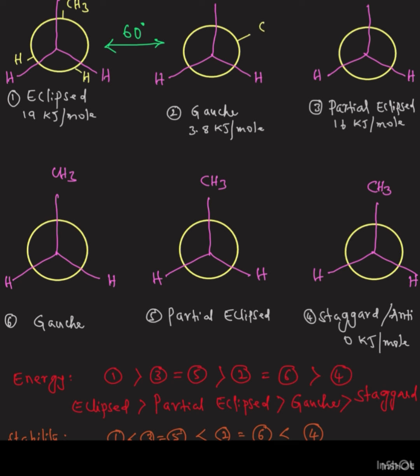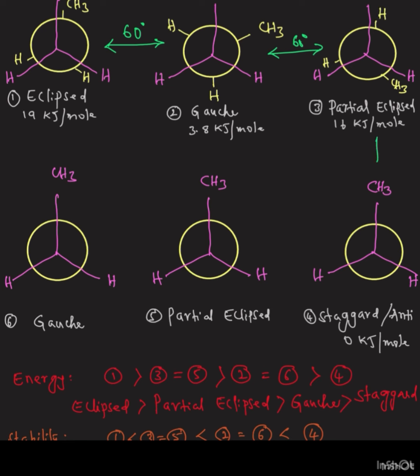That means CH3 goes here and hydrogen comes here, and this compound again rotated by 60 degrees, then we are getting the partially eclipsed compound. That means CH3 is present here and hydrogen is here and another hydrogen is here.